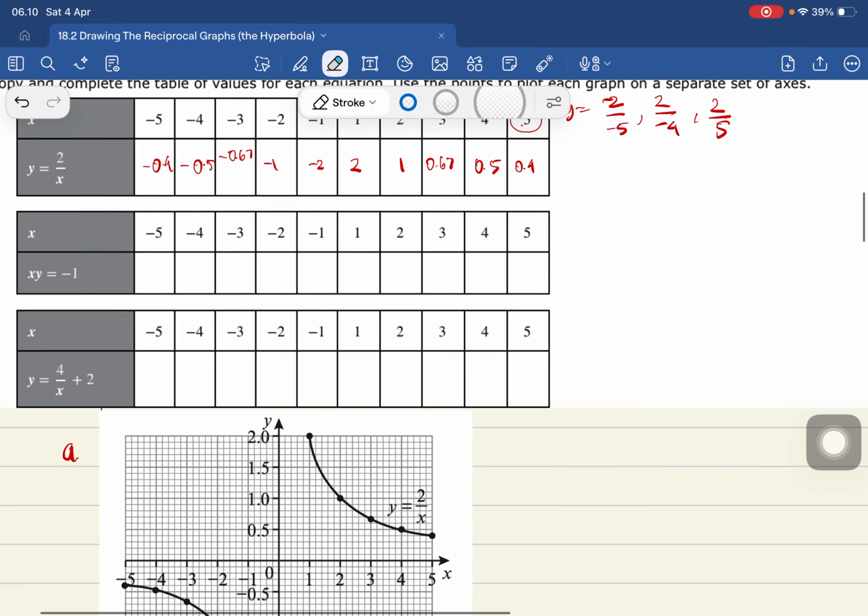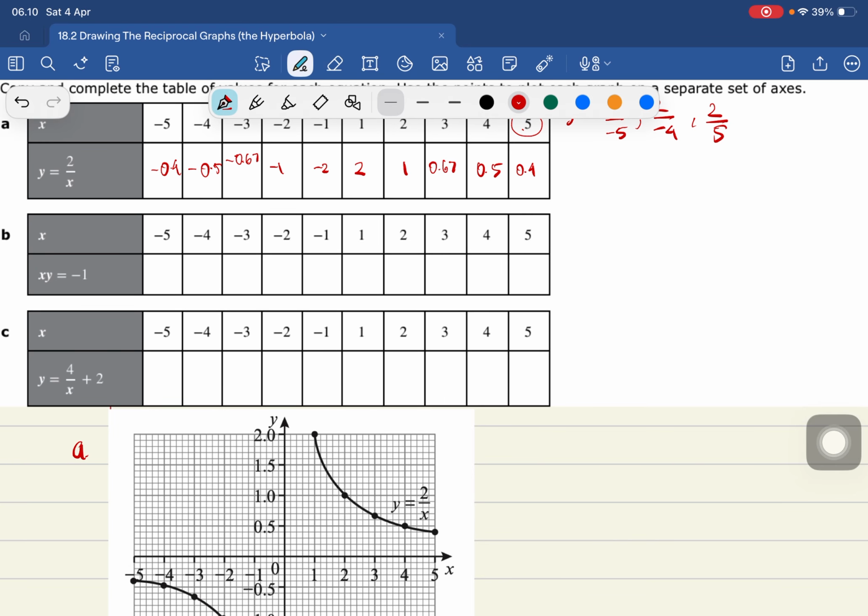So we can continue for B. First let us rearrange it. So xy equals negative 1, so y equals negative 1 divided by x. The same thing: we just need to substitute each value, like negative 1 divided by minus 5, divided by minus 4, until 5.